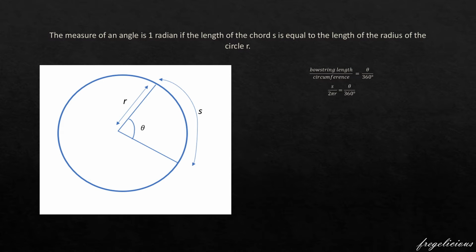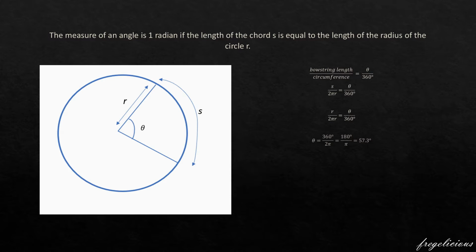Since in radians the distance measured must be equal to the radius length, R divided by 2πr equals theta divided by 360 degrees. Therefore, from the formula, we get that 1 radian equals 57.3 degrees.